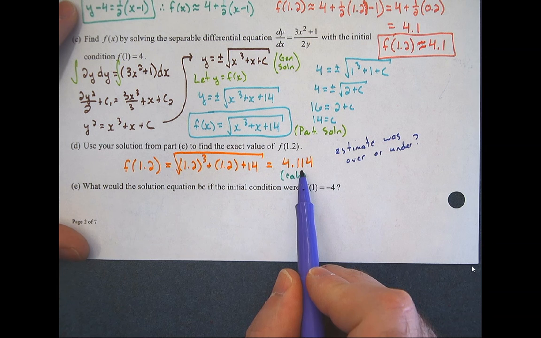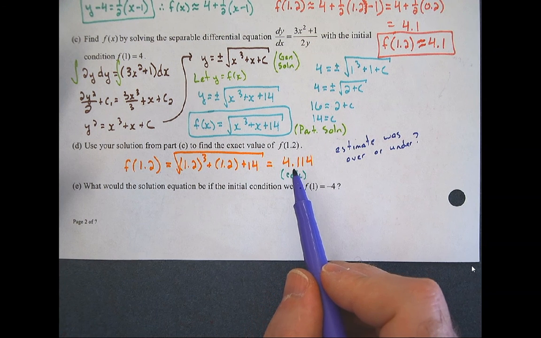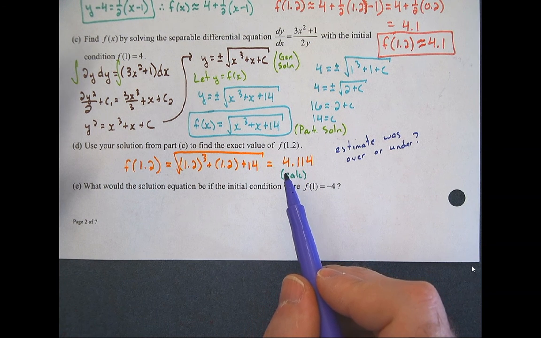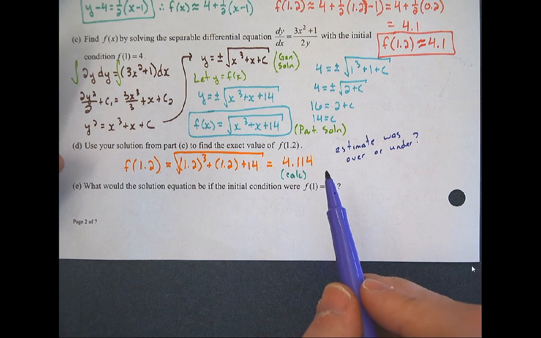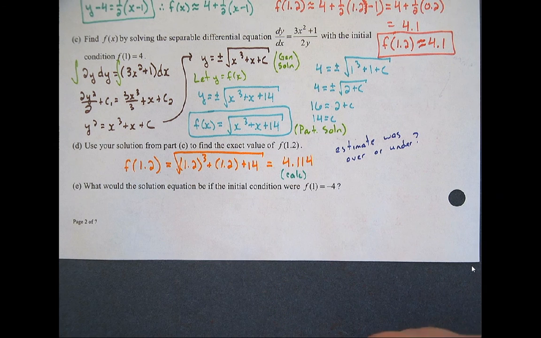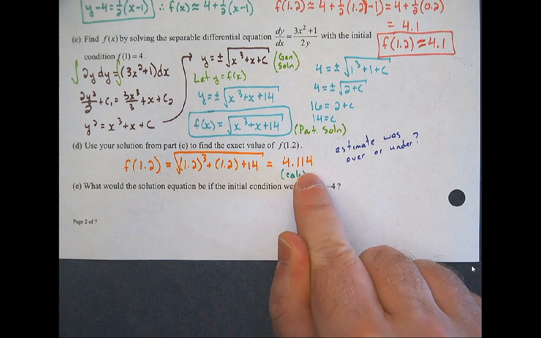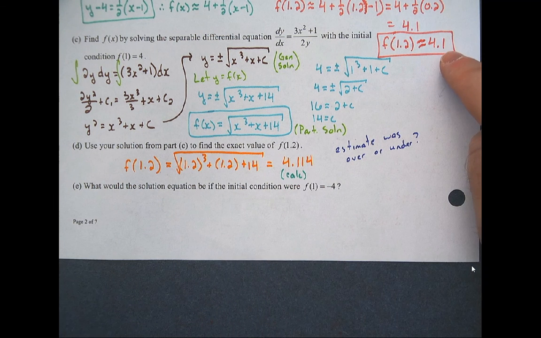The actual value was 4.114. Wait a minute, let's rethink this again. The actual value was 4.114. The estimate was 4.1. So the estimate was an underestimate.